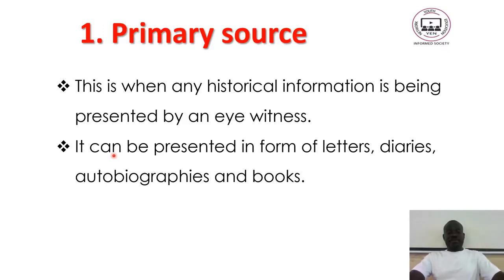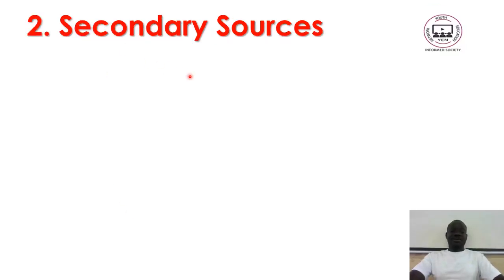So it can be a book. But not every book is a primary source. The textbooks that we use in school, the historical textbooks, the ones who wrote those books were not there when those events were taking place. So that one is not a primary source, but books written by the one who witnessed the event are. Secondary source.